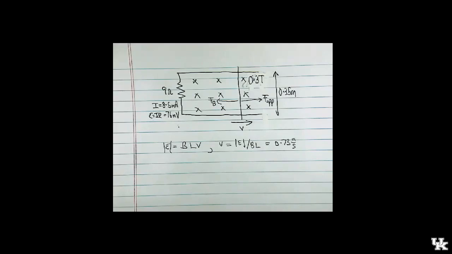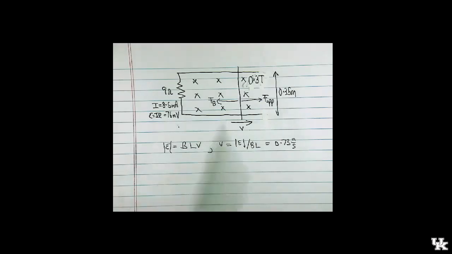That magnetic force came from the fact that we've got an induced EMF, we've got an induced current flowing through a magnetic field, and a current in a magnetic field in general creates a magnetic force. So the magnetic force is a force due to the magnetic field present in the problem on the induced current itself that we've created.